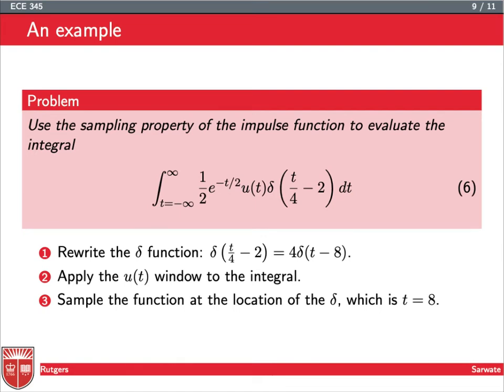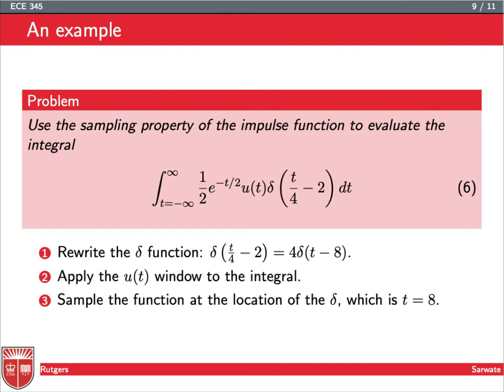So first you rewrite the delta function to get it as 4 delta of t minus 8. That 4 is coming from 1 over 1/4. Then, of course, we apply the window to the signal. Instead of having an integral from t equals minus infinity, this u of t makes it an integral from 0 to infinity, because u of t is only equal to 1 when t is bigger than 0.